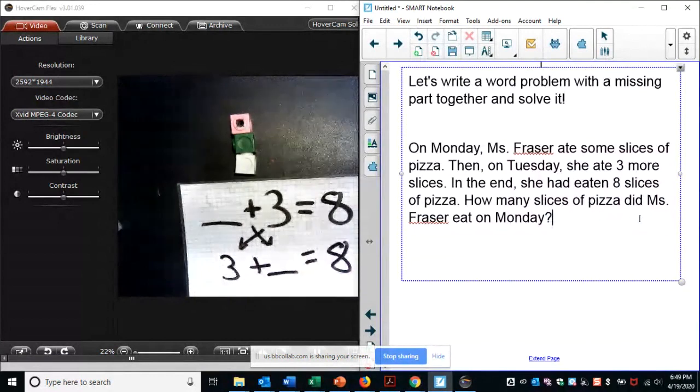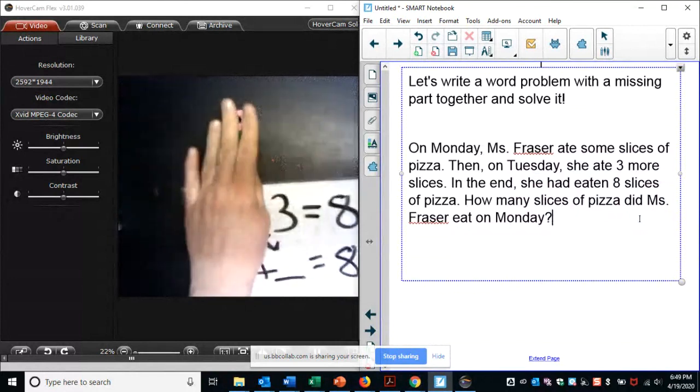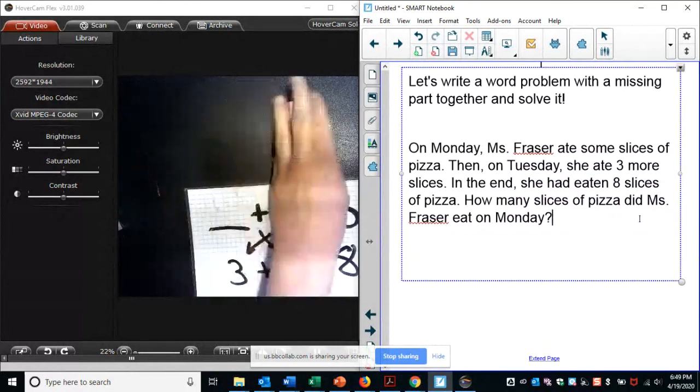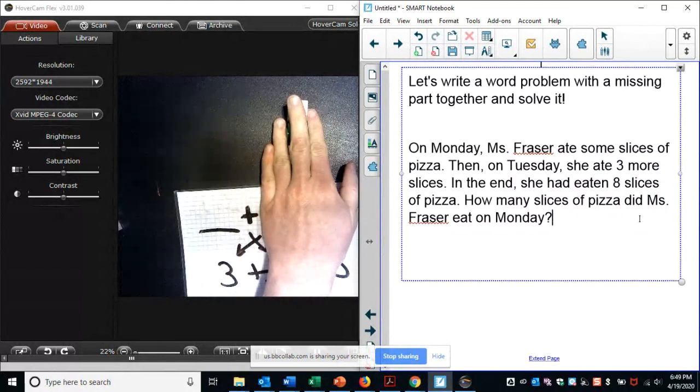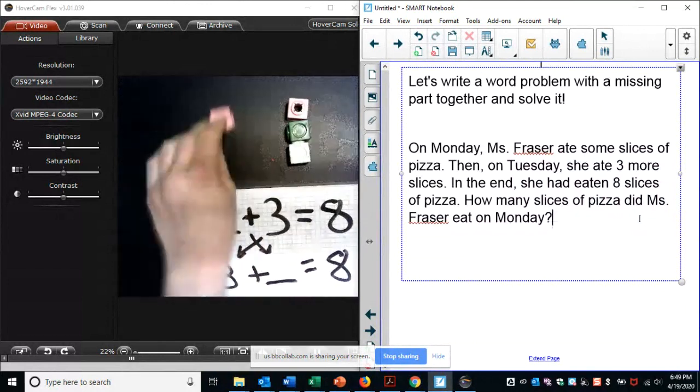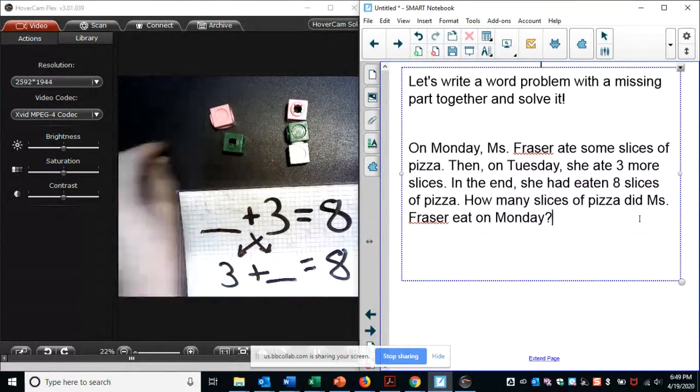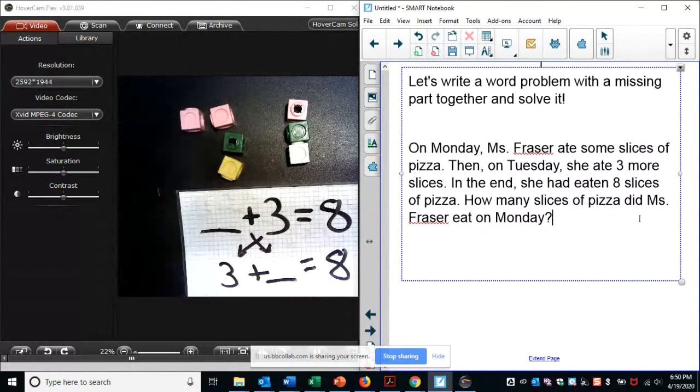Remember, our turnaround facts work for addition, but they don't work quite the same in subtraction. So let's start with 3, and let's see how many we add to get to 8. So I'm going to start at 3 and count on till 8. 3, 4, 5, 6, 7, 8.